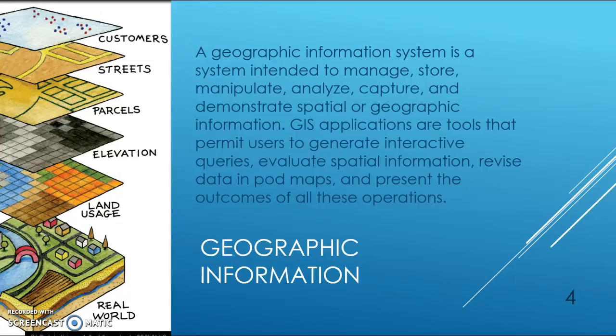GIS applications are tools that permit users to generate interactive queries, evaluate spatial information, and revise data in maps, and present the outcomes of all of these operations. The proper spatial scale should be selected when analyzing the relationship between landscape pattern and river water quality.